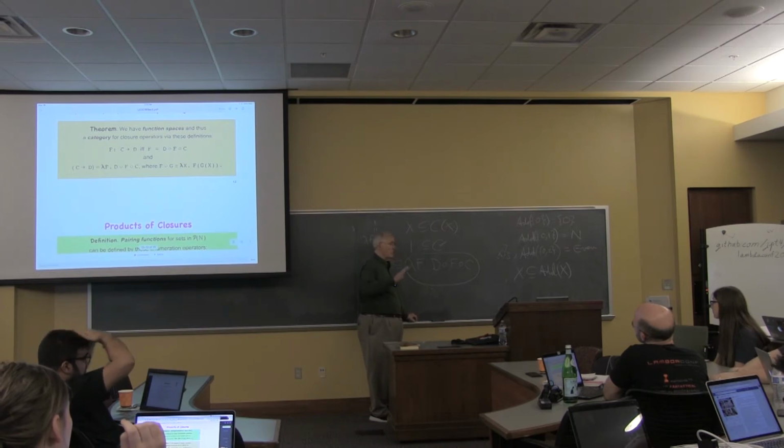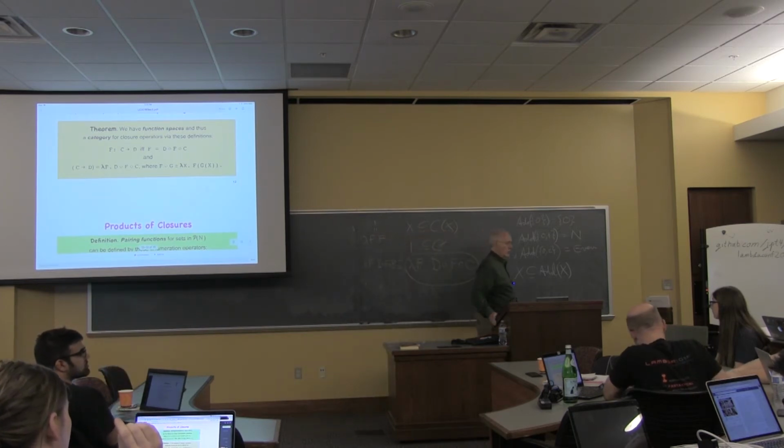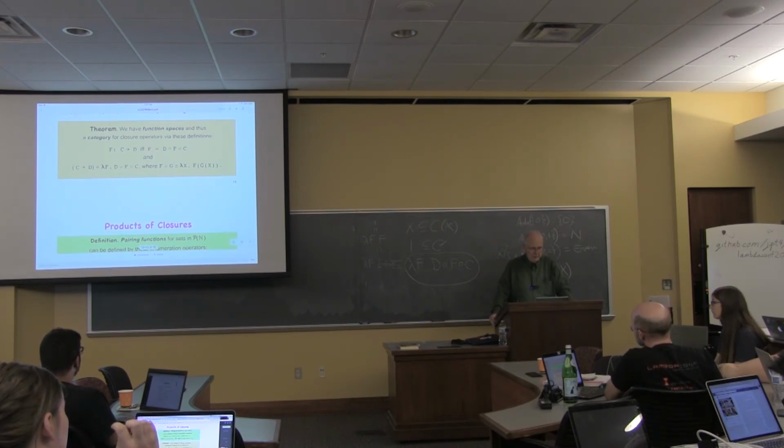So you see, once you abstract certain properties there and ask to which part of the space they're applying to, you can often get very simple equational proofs in terms of this.